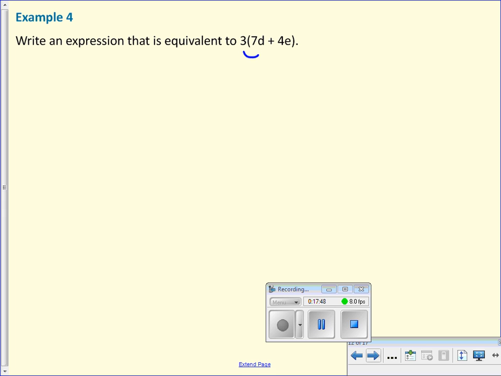So what's 3 times 7d plus 3 times 4e? You could either use the dot or you could use the parentheses. It means the same thing. So what's 3 times 7d? How can we condense that? 21d. And 3 times 4e, how can we condense that?